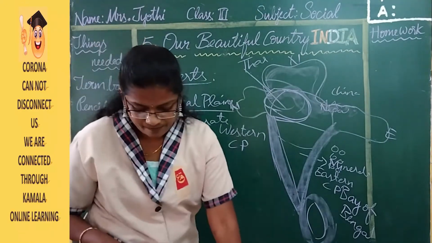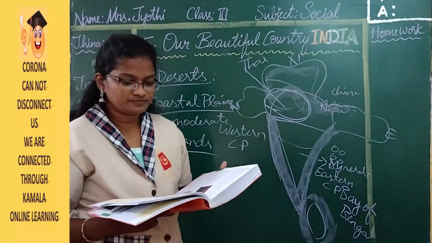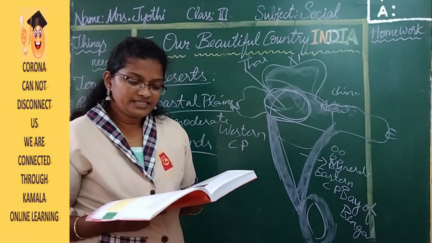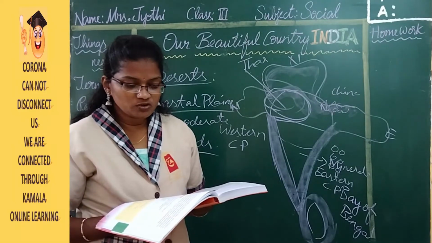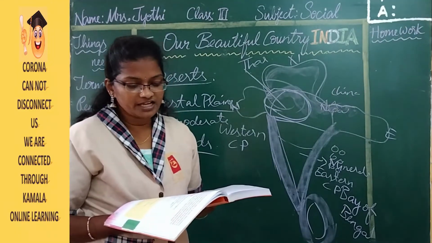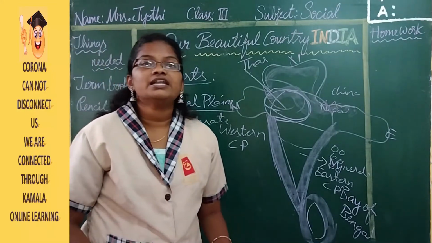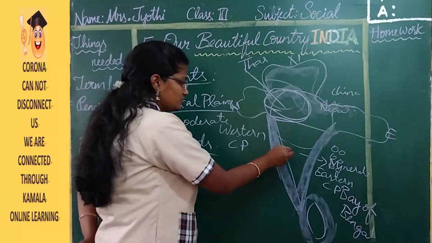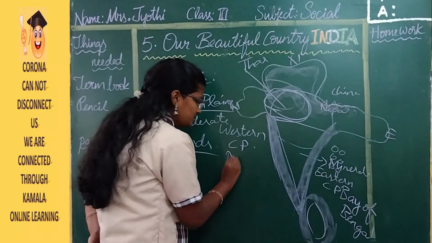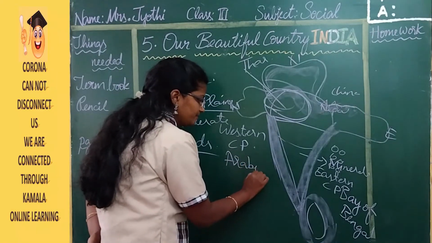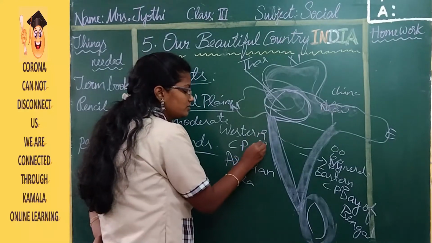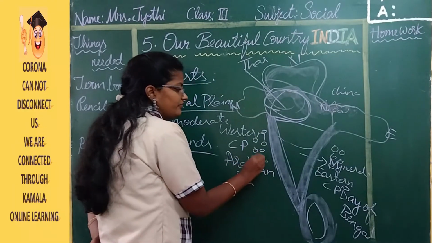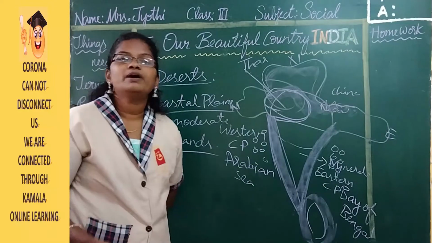In the same way, we have another one, and these islands are covered with dense forest. The other island group that lies on the western side in the Arabian Sea is called the Lakshadweep Islands. So towards the western side, this is the Arabian Sea. Here also we have small islands, and we call them Lakshadweep Islands.